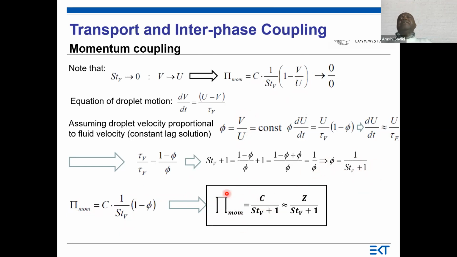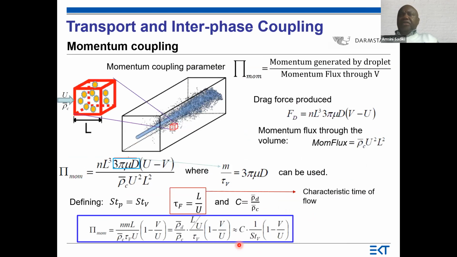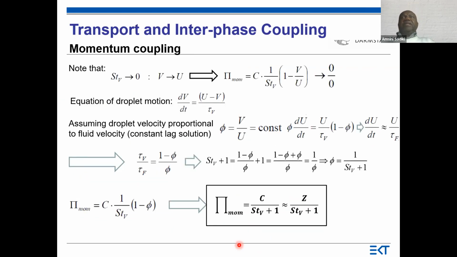Then we obtain that the momentum coupling is proportional to this concentration divided by the Stokes number based on momentum transfer plus 1. And if we say that this concentration is proportional to the mass loading, we see that this momentum coupling is proportional to the mass loading divided by this. And for the mass coupling, it is only divided by the Stokes number based on the mass coupling. This was for the momentum coupling.